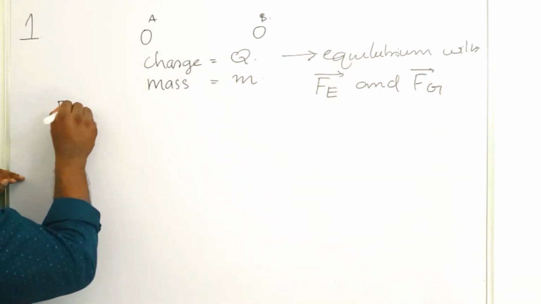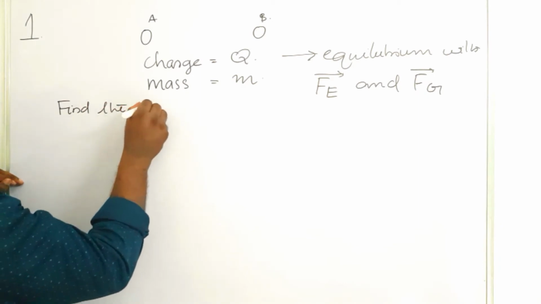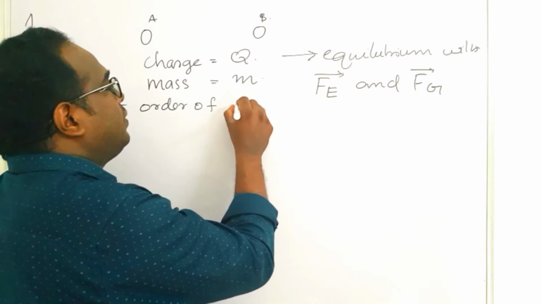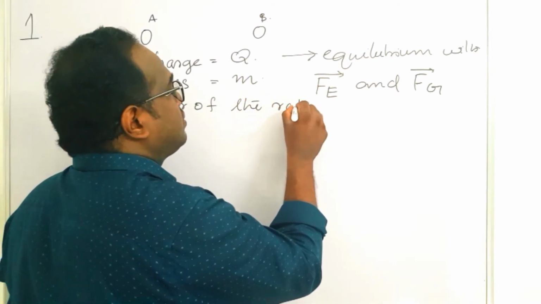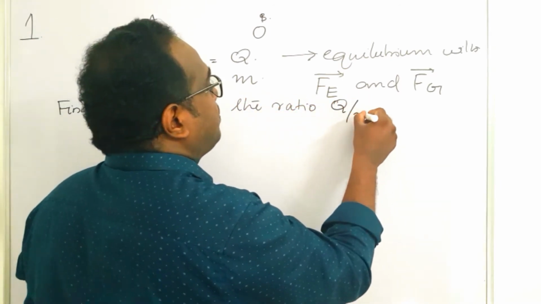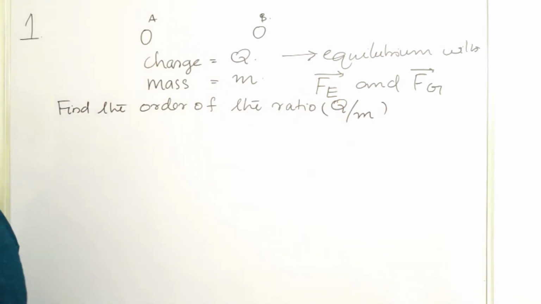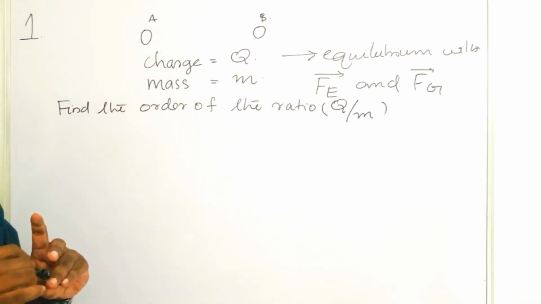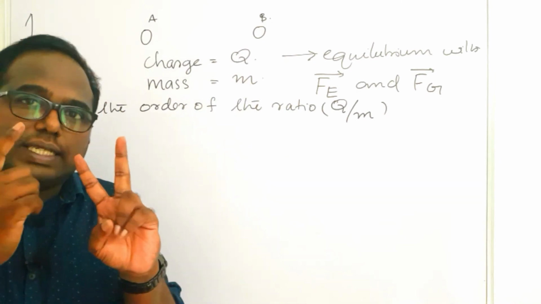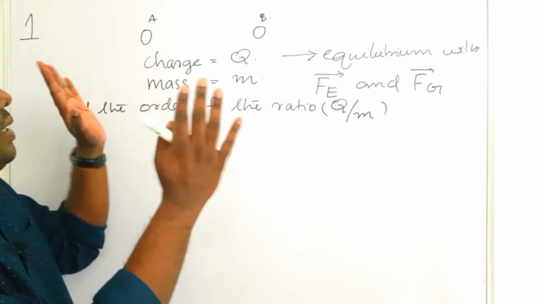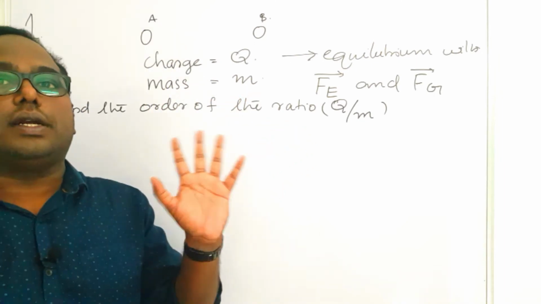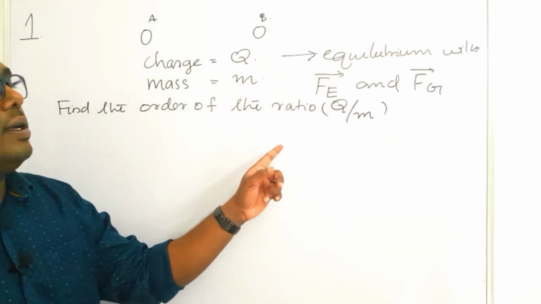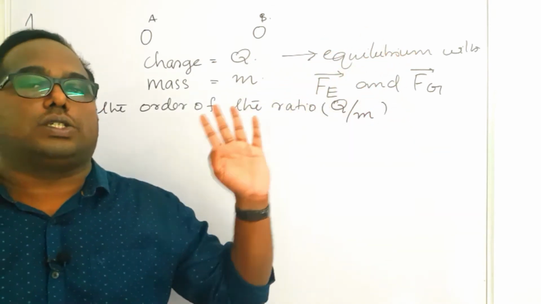Find the order of the ratio Q by M. One more time I will explain the question. Two particles having the same mass and same charge are kept at a distance, okay? Now, these two charges are in mutual equilibrium with the electrostatic force and the gravitational force.